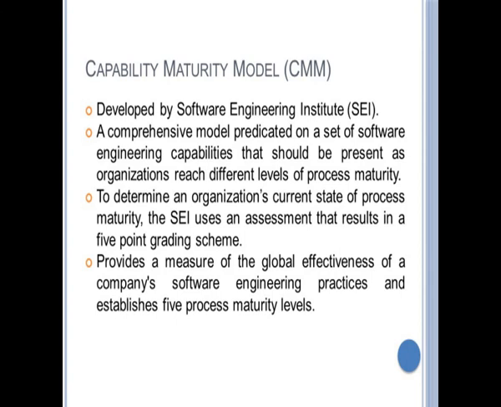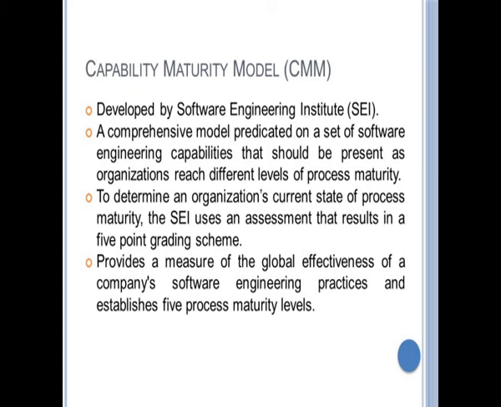It is not a software life cycle model. The capability maturity model CMM was developed by the Software Engineering Institute SEI of Carnegie Mellon University in 1986. CMM is used to judge the maturity of software processes of an organization and to identify the key practices that are required to increase the maturity of these processes.